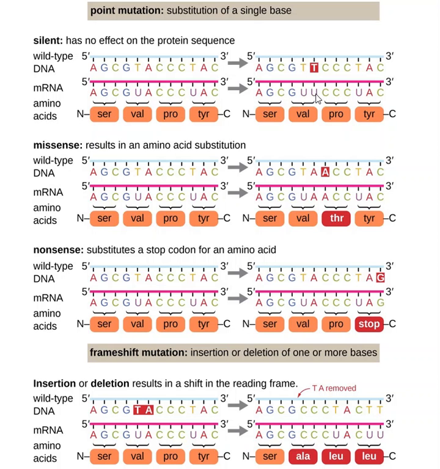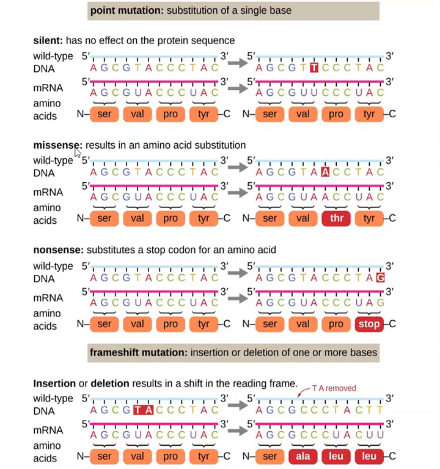So you would go to the table of the genetic code, which we used in a previous topic, and find out which amino acid is associated with each of those. And if you look, you'll see GUA and GUU code for the same amino acid, and that's valine. So if you were to look at simply the protein sequence of amino acids, you would have no idea that a mutation had occurred in the DNA.